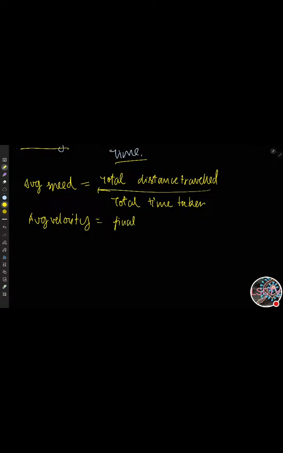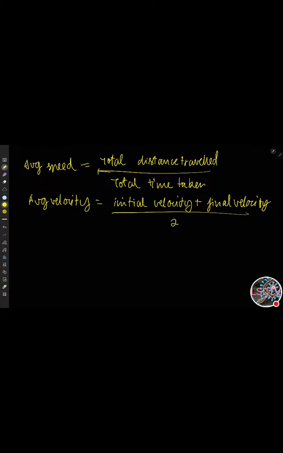Average velocity is initial velocity plus final velocity, divided by 2. Got it, everyone here?